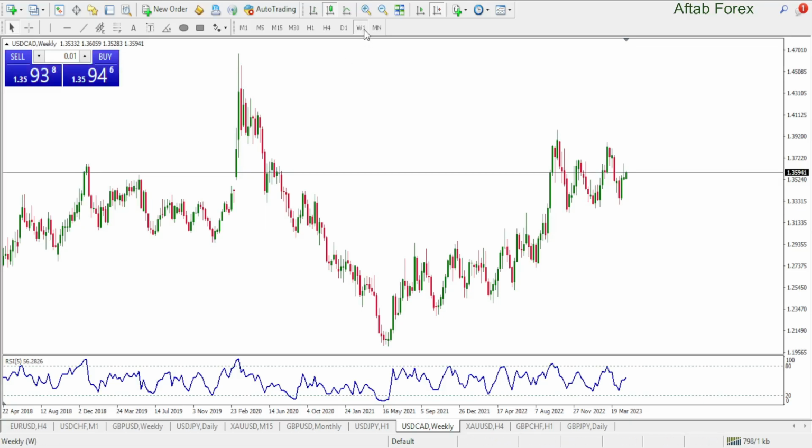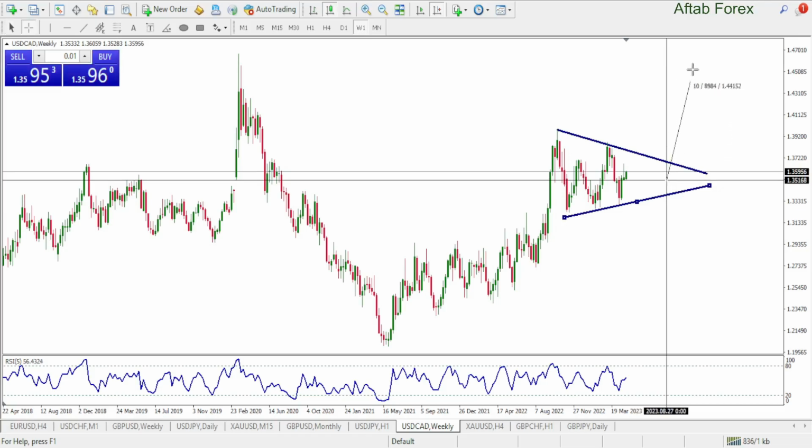Right now I am on the weekly time frame, and if you can see, for now I can say that it is in a sort of triangle, right? With the passage of time, with every new candle, the triangle is getting shorter and shorter, and ultimately a point will come where it will explode either to the top side or to the bottom side.